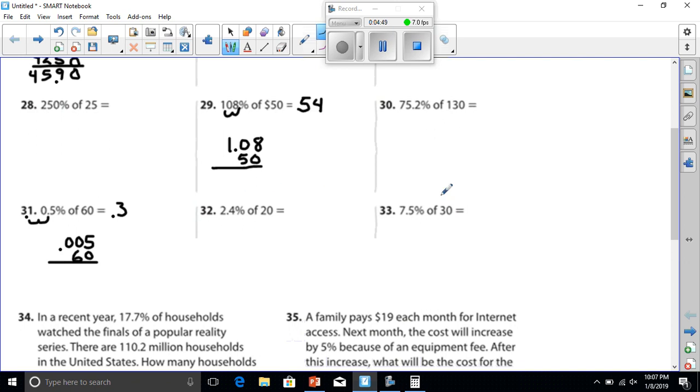All right, and let's go to 33 now. Once again, we're going to have to go ahead and bring that decimal over 2 spots. That's going to give us 0.075. We're going to multiply that to 30.